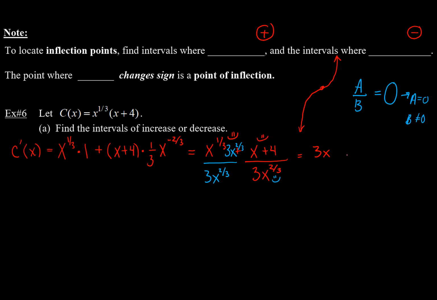And then this numerator just goes along for the ride. And then now everybody is on top of this denominator of 3x to the 2/3. Simplify that just slightly, combine like terms. And this is my derivative, completely simplified. All right, so that's my first thing.